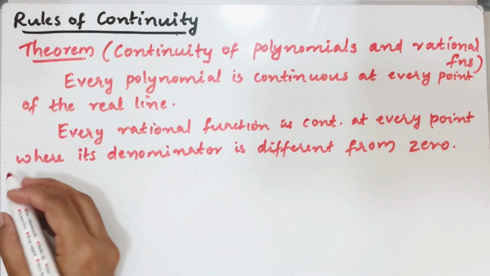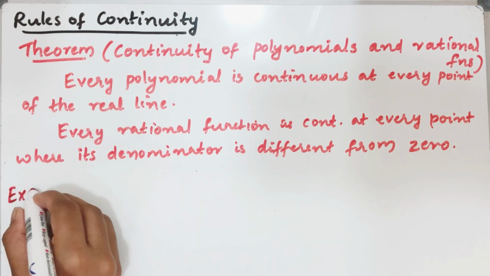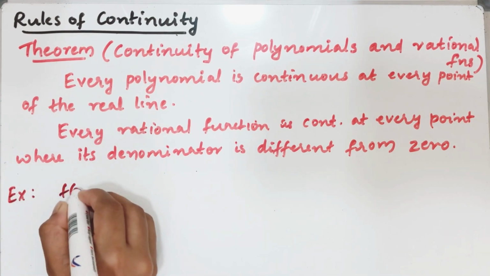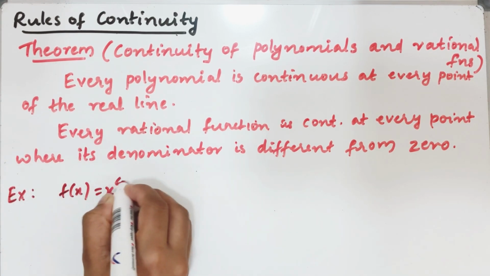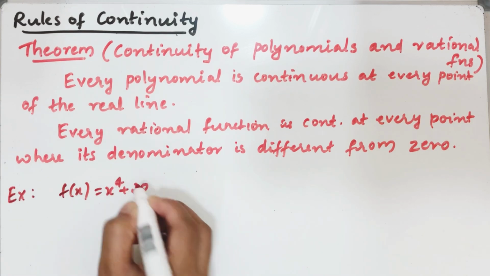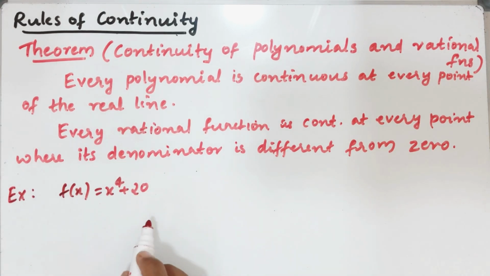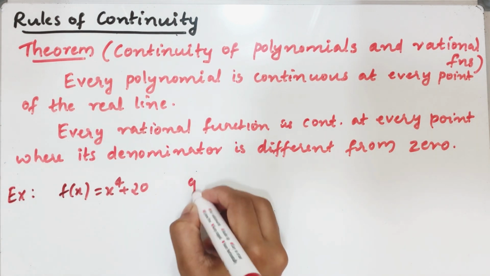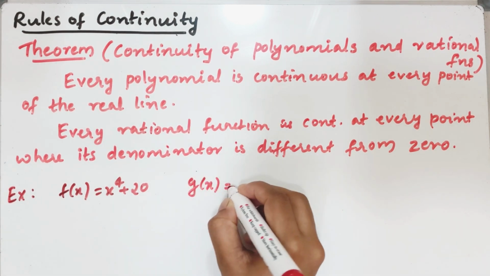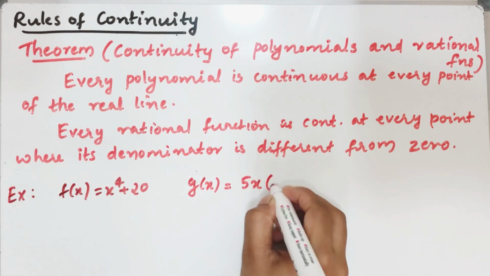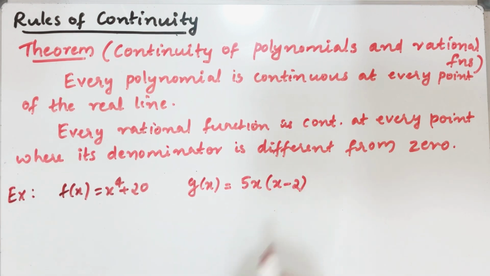We can see an example. The function f of x is equal to x raised to 4 plus 20. This is a polynomial function, which is continuous. And g of x is equal to 5x into x minus 2. This is also a polynomial function, that is 5x square minus 10x. This is also continuous.